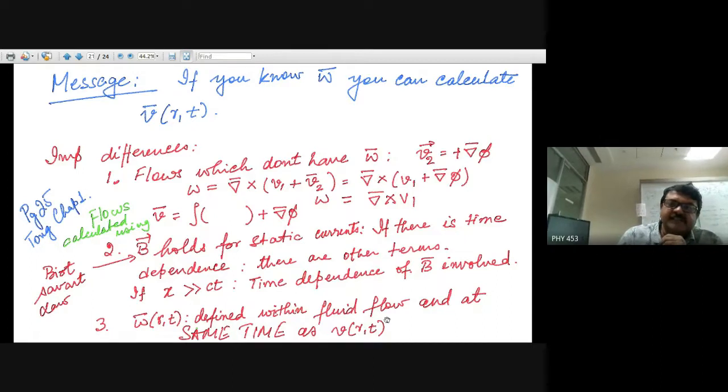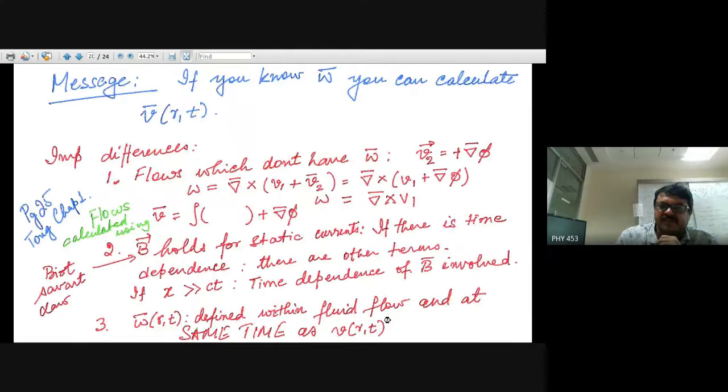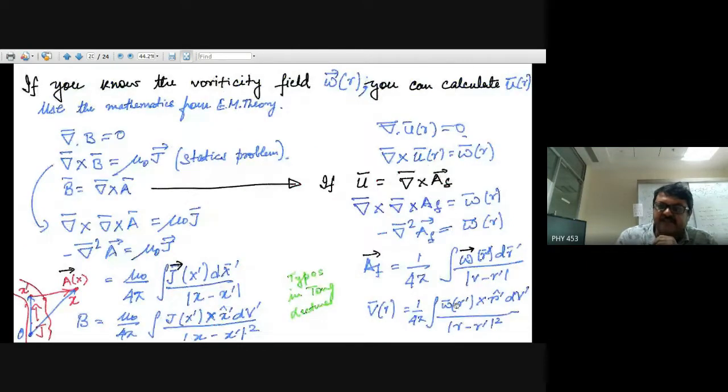However, there are certain differences. You can calculate this even if omega was changing as a function of time.